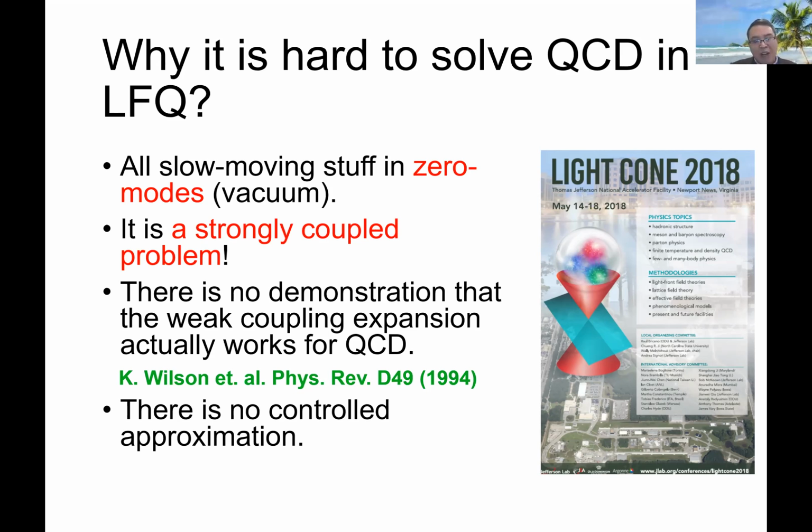Again, it's a strong coupling problem and it's hard to make approximations, but nonetheless, there's a bunch of people around the world still dreaming to solve QCD using light cone quantization. And as you can see, every couple of years they have a meeting. This year a meeting was supposed to be in Korea, and due to the COVID situation, it didn't happen.